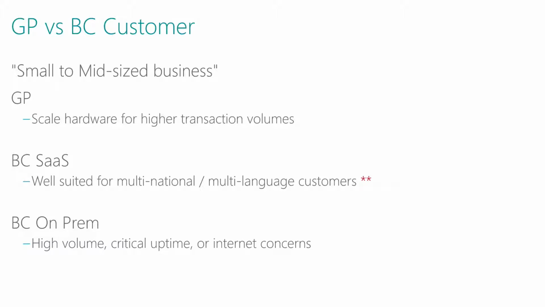So the one point I want to mention about the multinational multi-language, it is my understanding that although you can have a customer with US, Europe, and Asia operations, if you want to have Business Central hosted in each of those regions, you must set up those environments or tenants in those regions separately.